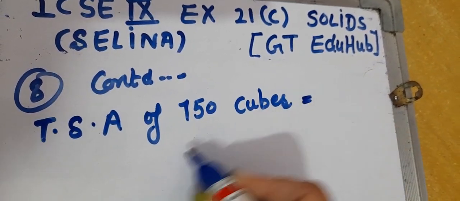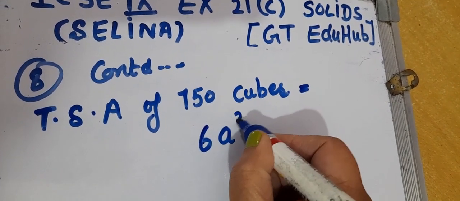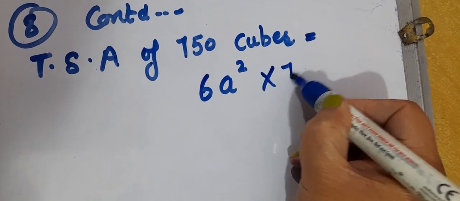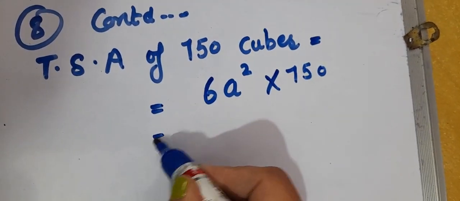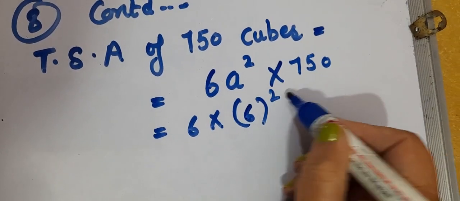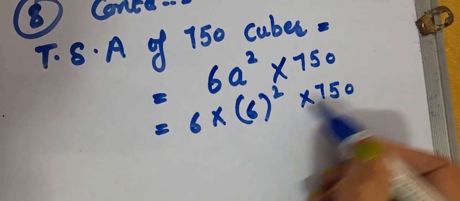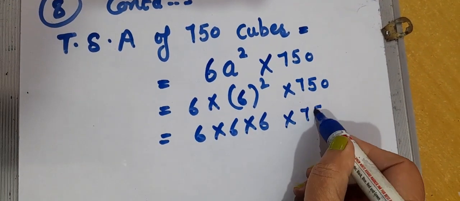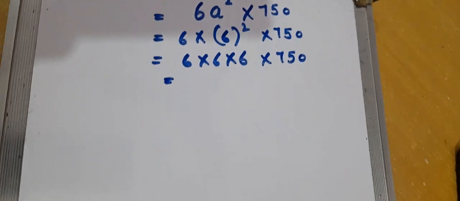So we know that surface area of a cube is 6a square, and we are given 750 cubes. So multiply it by 750. So you get 6 into a square, means 6 square into 750. So 6 into 6 into 6 into 750. So students, make the calculation.